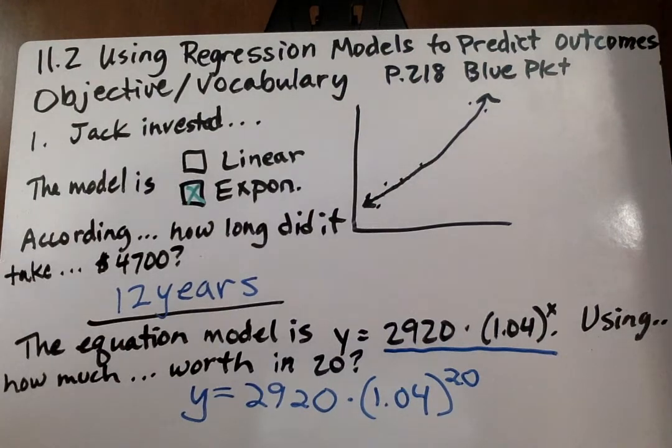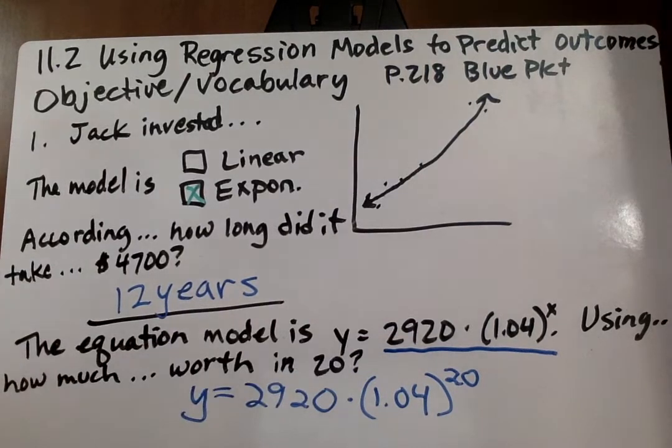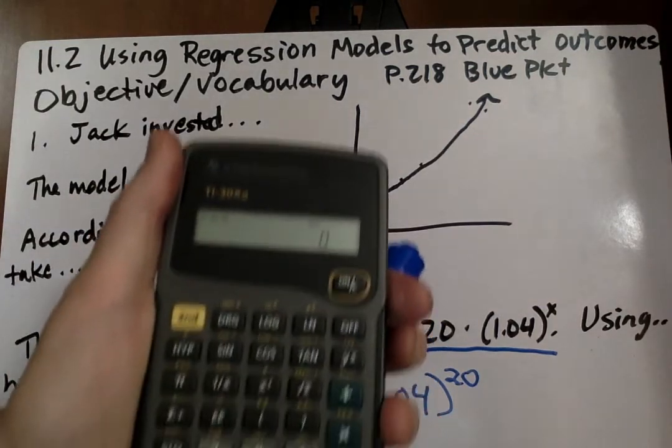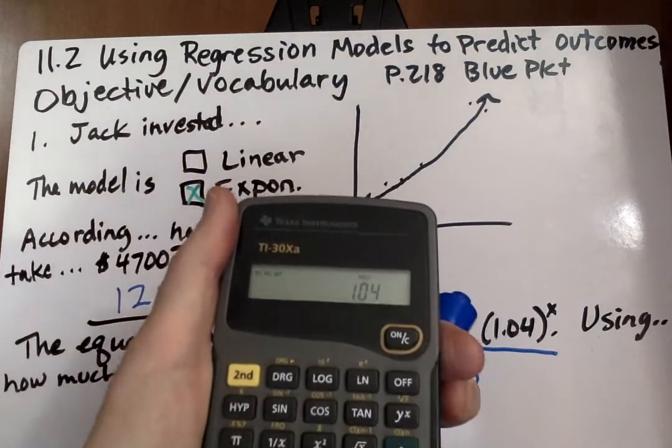Now, we must do exponents before multiplication. So do not go to your calculator and multiply 2920 times 1.04 and raise that to the power of 20. You will not get the correct answer. So again, you have your handy dandy calculator. You want to put 1.04 in first.